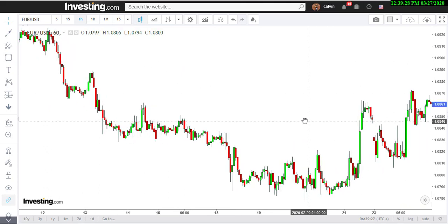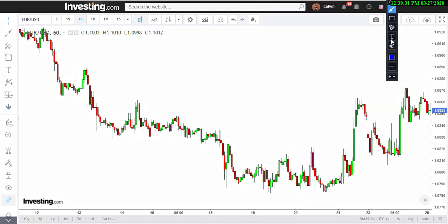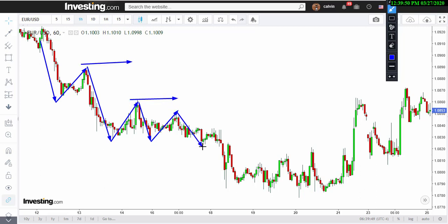Let's start from this side here. You see, the trend is moving down, down, without breaking any new higher lows. It keeps pushing lower, lower, lower. You see.